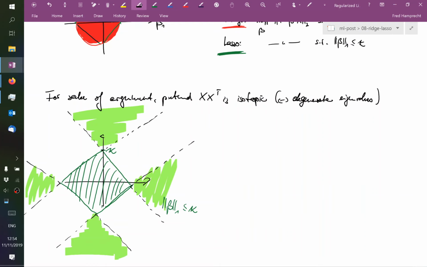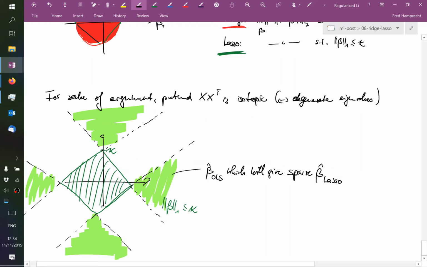In these bright green regions, those are the regions of beta hat OLS, which will give sparse beta hat Lasso.